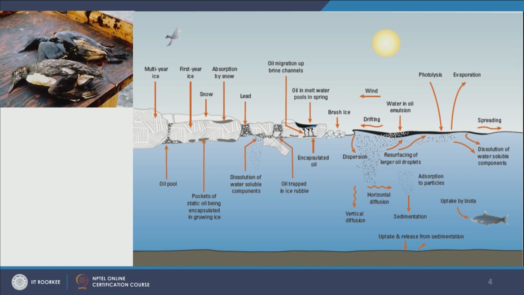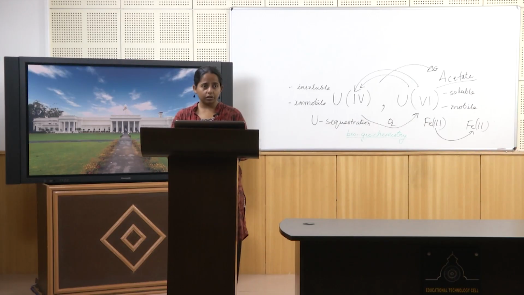It is also possible that, depending on the oil, its more soluble components, like aromatic components, will dissolve, and they will have a direct impact on the aquatic system, because most of them are very toxic. And because they are soluble, remember microbes have a bilipid layer, so they expect an aqueous mixture on both sides of the bilipid layer. Inside, the cytoplasm is aqueous media, and outside is also aqueous.